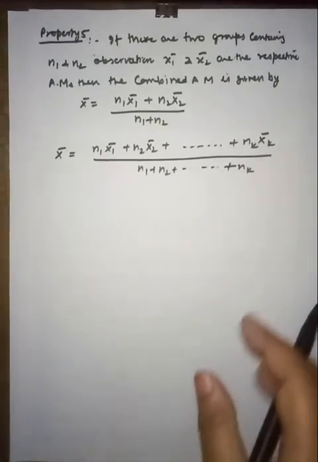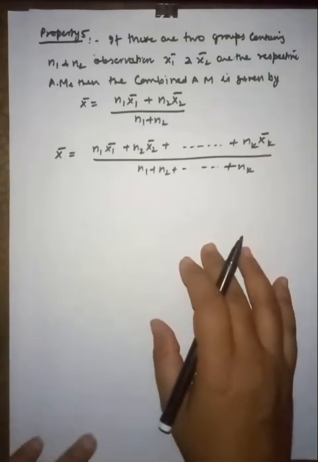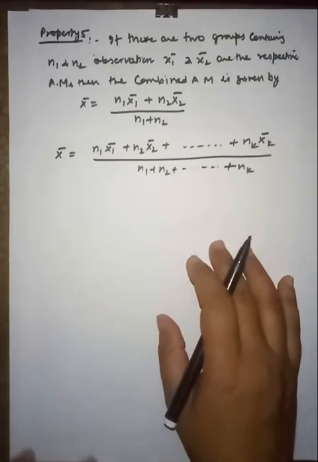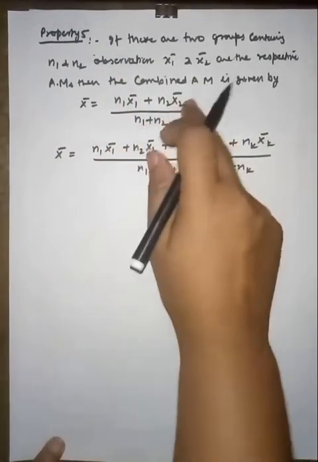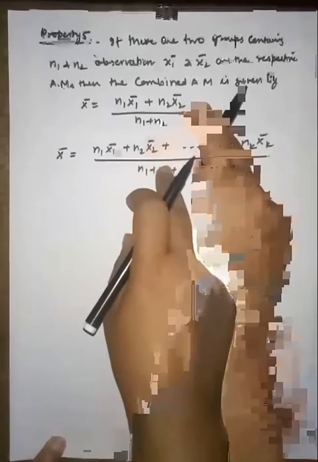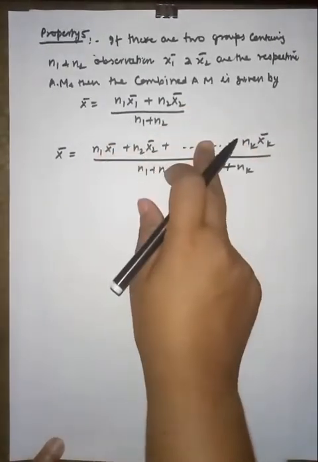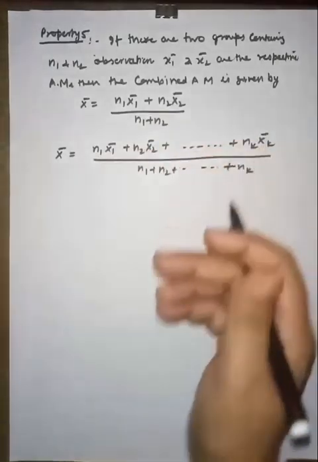This is the formula for the combined arithmetic mean. According to the question, if there are two groups, you use this formula. If you have three groups, you extend the formula according to your question.